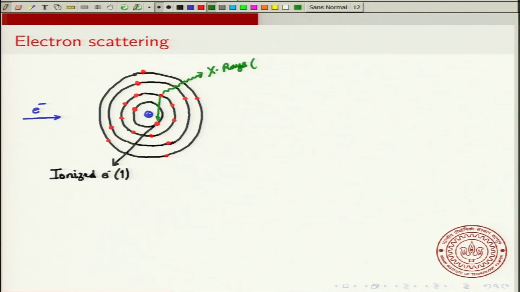Then you could have electrons that are simply diffracted. So these are the diffracted electrons. Now in the diffracted electrons there are two kinds. There are those that are elastically scattered. Elastically scattered means the wavelength of the outcoming electron is the same as that of the incident electron. And then you have those that are inelastically scattered.